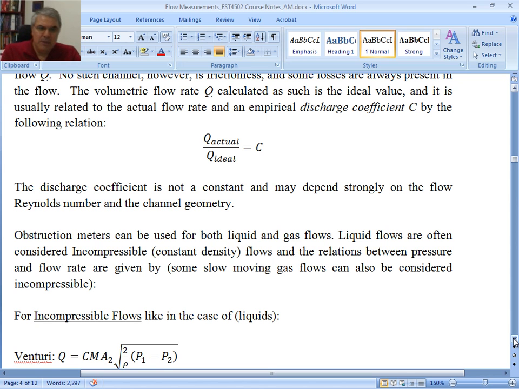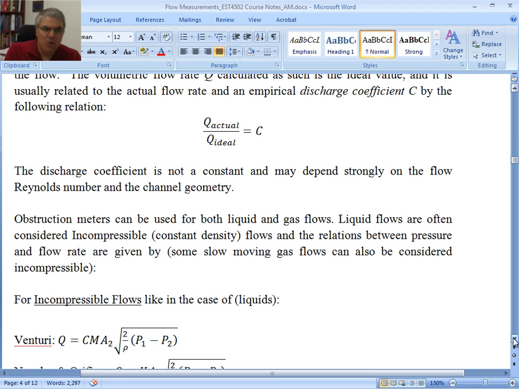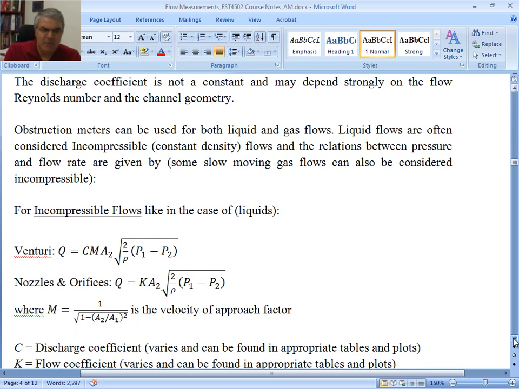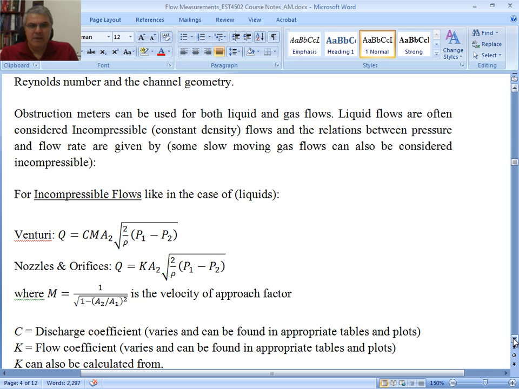an actual Q. So the discharge coefficient is not a constant, and again, it depends on the geometry of the channel or the pipe and the Reynolds number. And so again, this could be both for the liquid and gas flows, and of course liquids are considered incompressible.